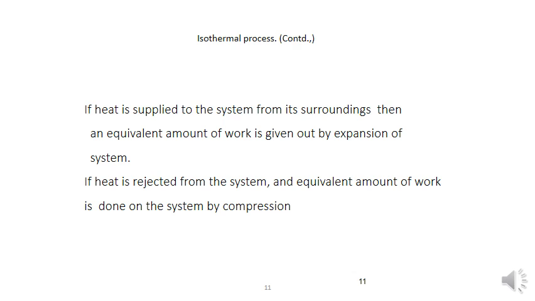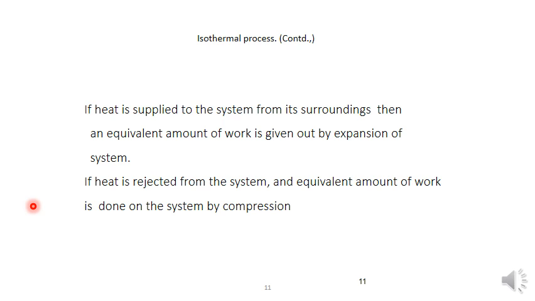If the heat is rejected, that is, if you remove heat from the system, the volume goes on decreasing. Decreasing means the cylinder is in compression. The first case, the volume is increasing, means expansion. The second case, the volume is compressing, means compression.